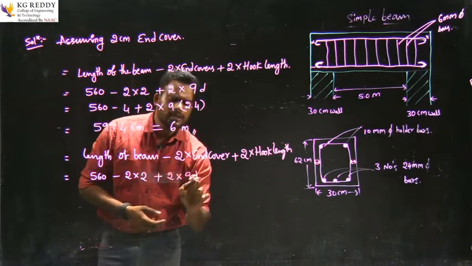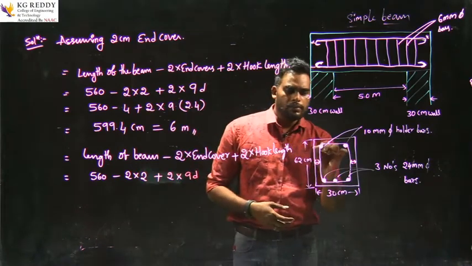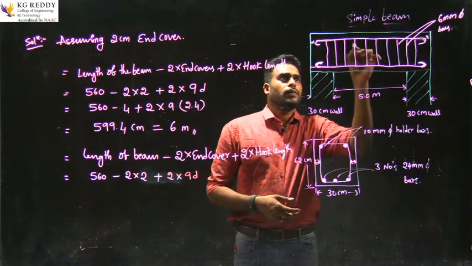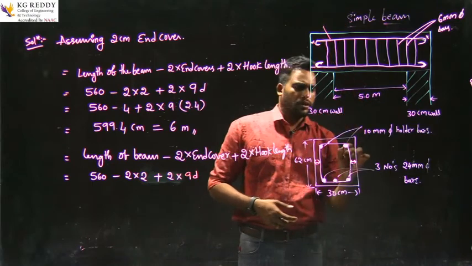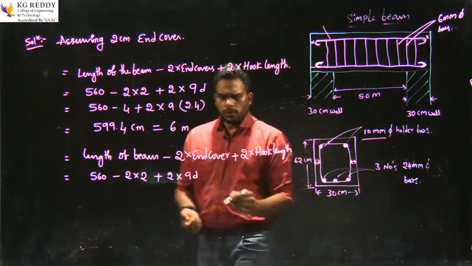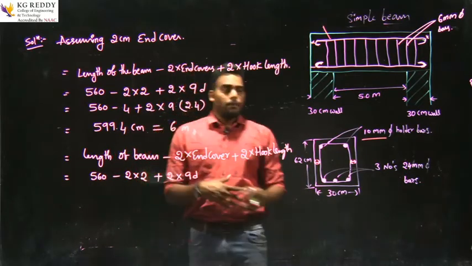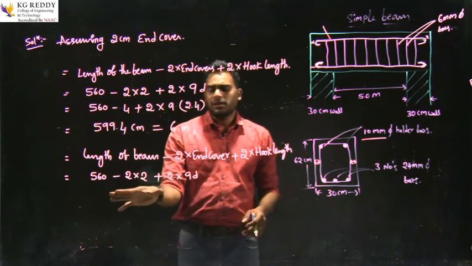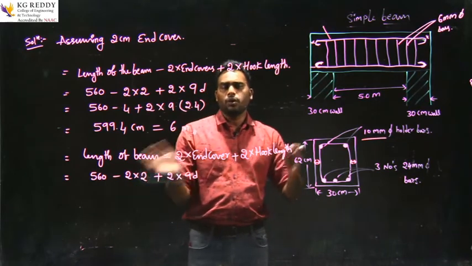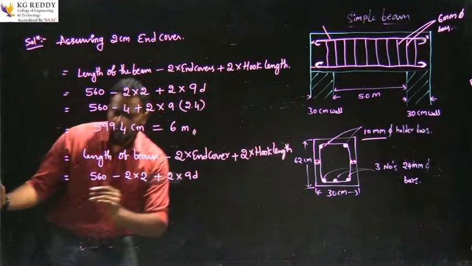Here d is nothing but the diameter of the bar. What is the diameter of this? That is a 10 mm dia holder bar. So in the place of d, we can substitute 10 mm, but all values are in centimeters, so we need to convert that mm into centimeters. So we will get 1 centimeter.